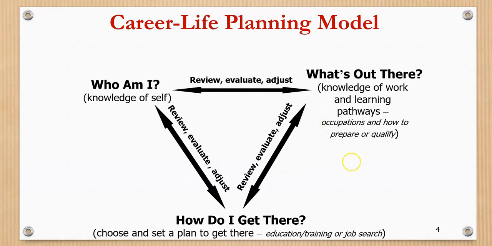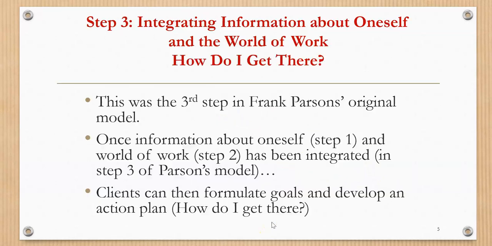Once we have integrated that and explored that information at this point in Frank Parsons' model, then we get to the third stage of the career life planning model, how do I get there? So just to keep in mind that this part of the model is not exactly corresponding to Frank Parsons' model. This integrating who am I and what's out there really happens in between, before that final stage of the career life planning model, How do I get there?